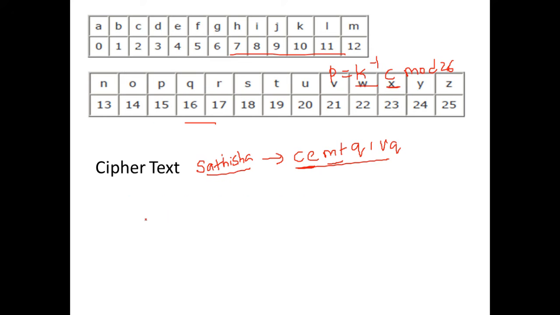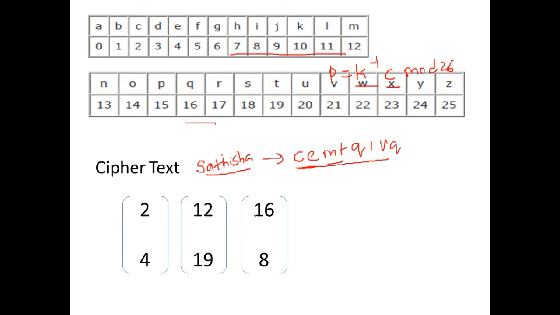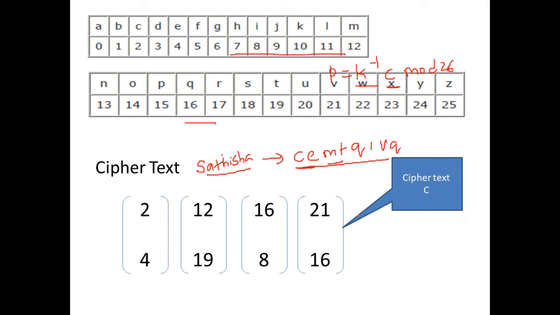So CE is 2 and 4, MT is 12 and 19, QI is 16 and 8, VQ is 21 and 16. So you convert these vectors to number equivalents using a table. So this is called the ciphertext C. You can say this is C1, C2, C3, C4.